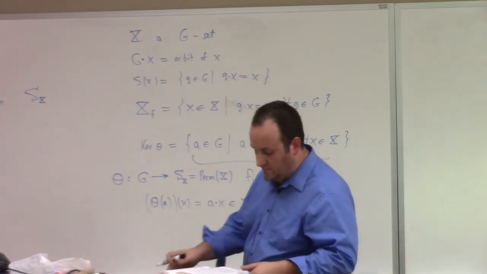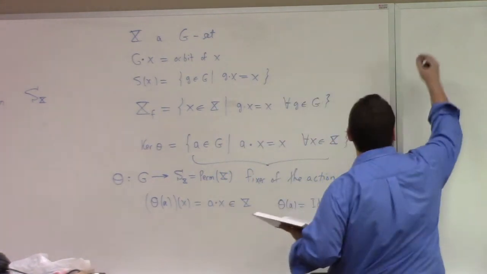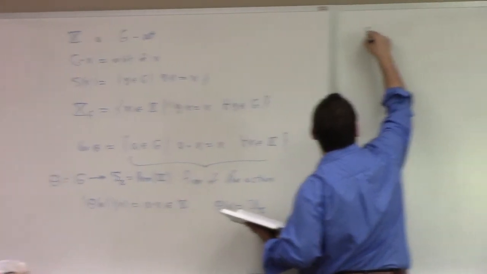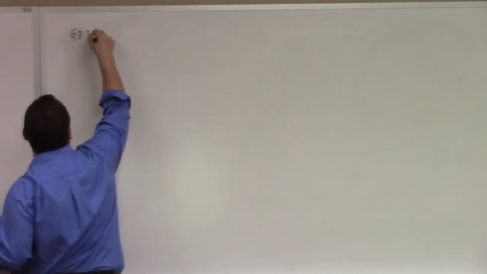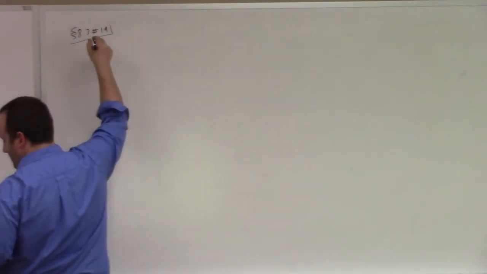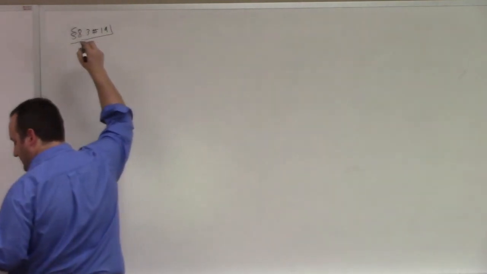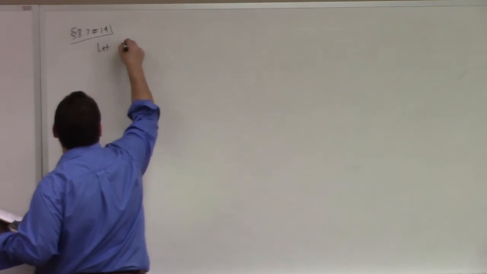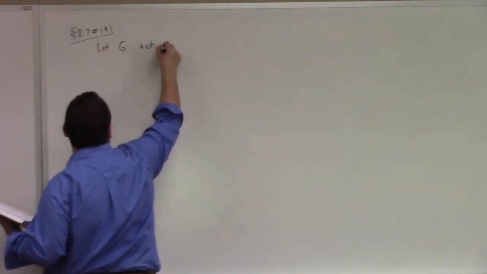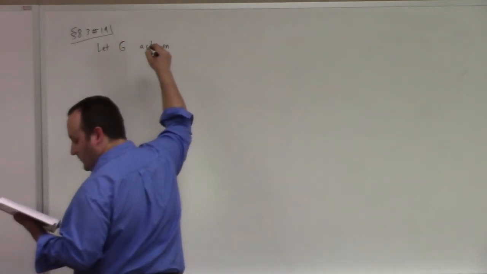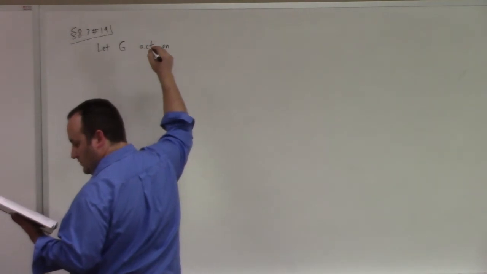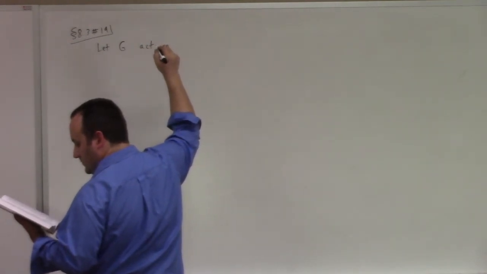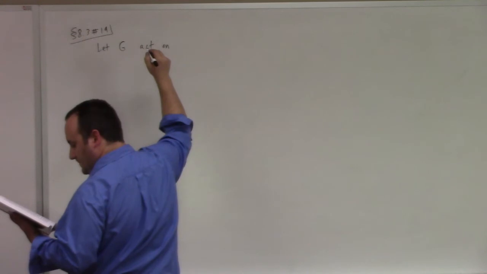So he says, let me write it out here. Section, what is it? So he wants to look at the conjugation action, right? So let G act on its set of subsets or subgroups?